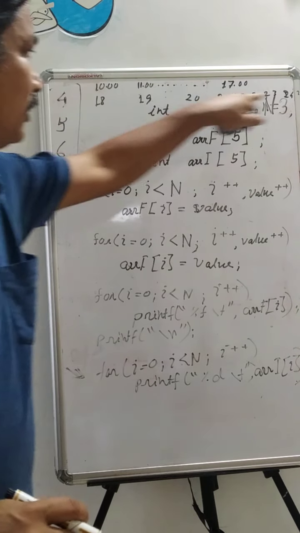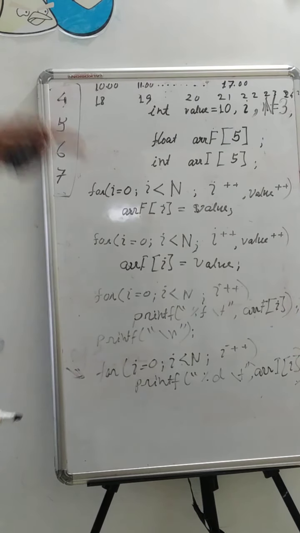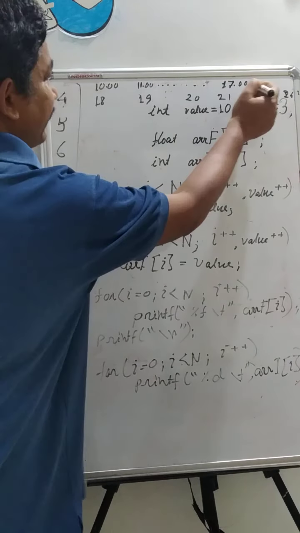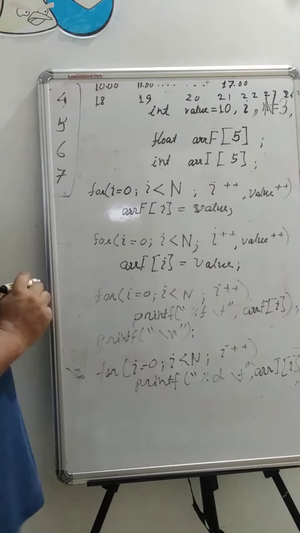That will be our expectation. But did you get this one? So here a total of 7 numbers will be there up to this one.